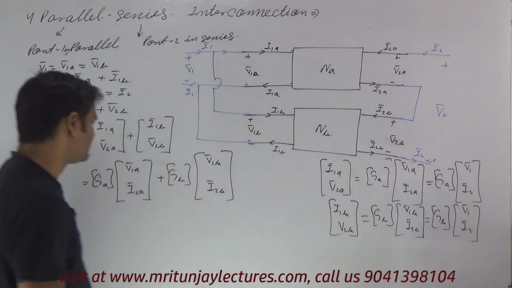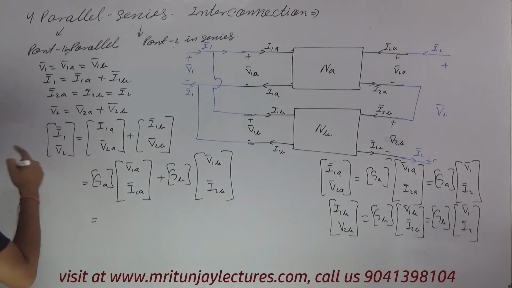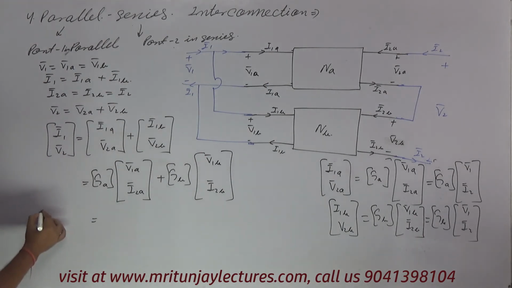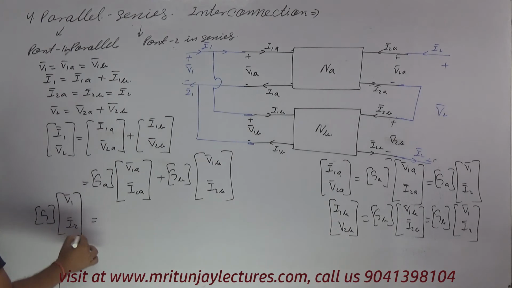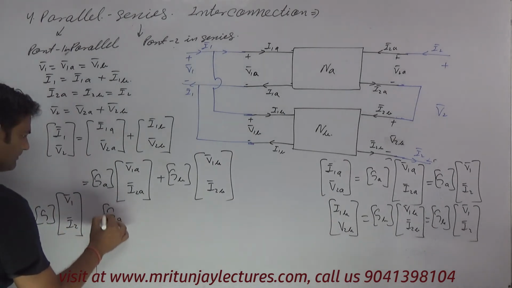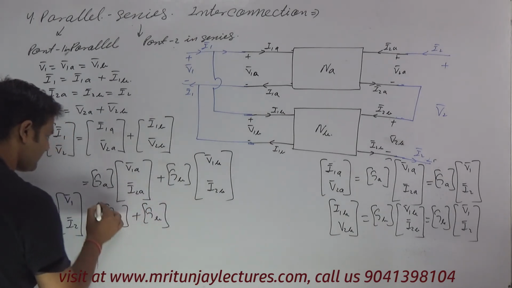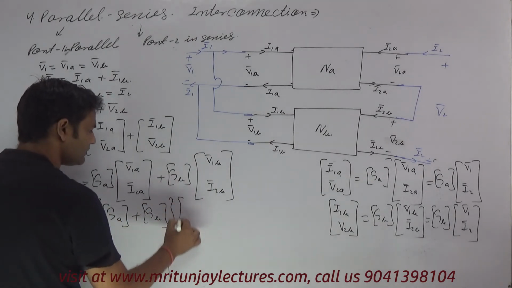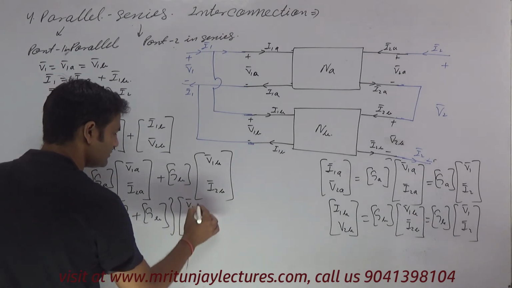Okay, so finally you can write now, and this one is also written as G, and this is V1 and this is I2, and this is GA plus GB, and this one is V1 and I2.